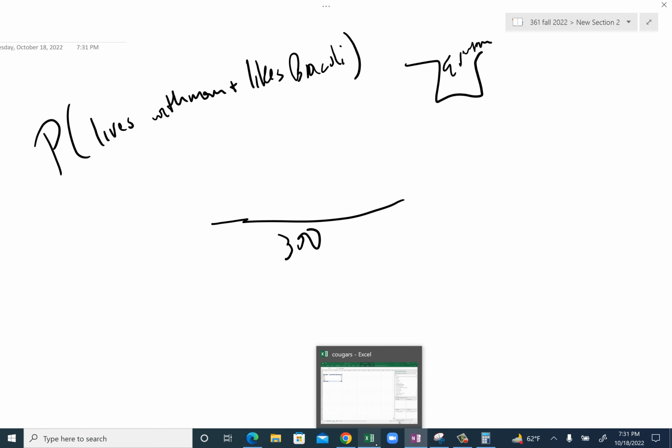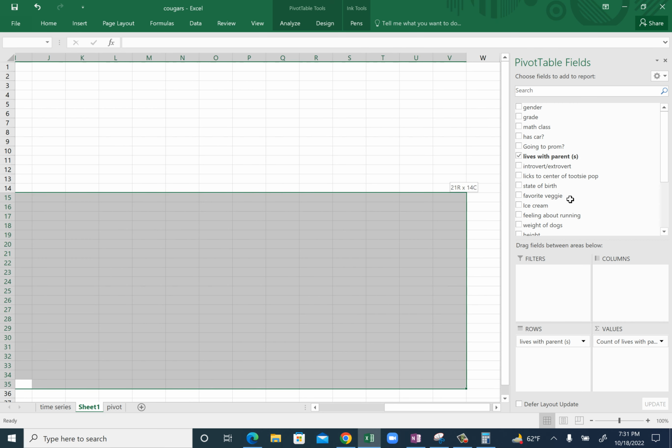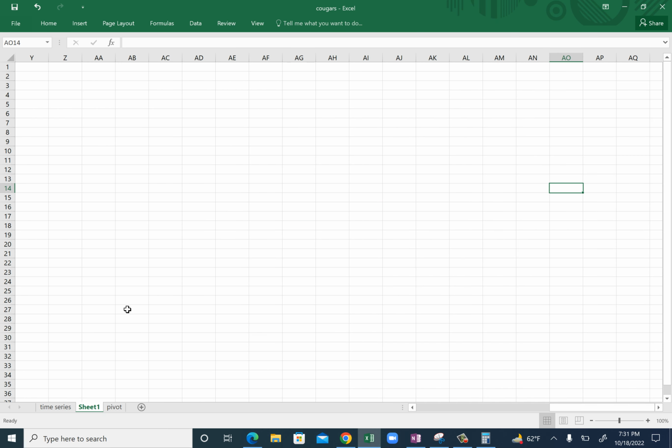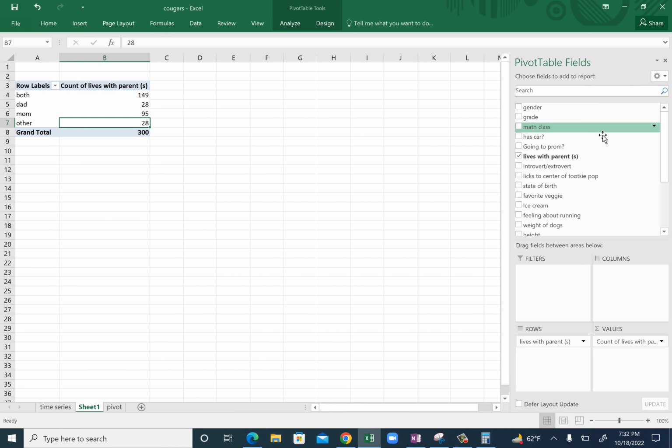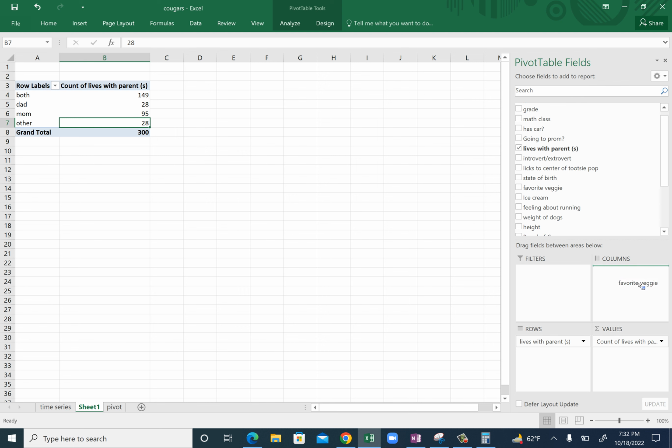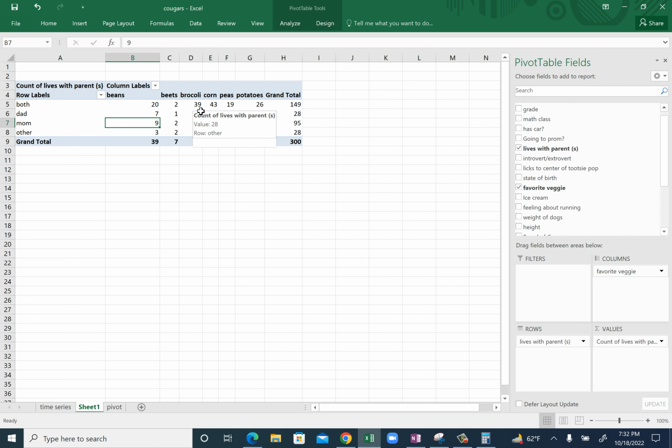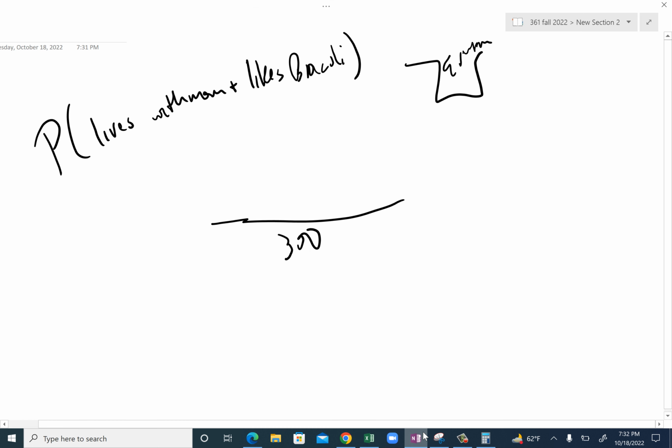So on this one, I feel like I should just drag down favorite vegetable. Favorite vegetable. Nice. Broccoli, mama, bam. There are 27 of them out of 300. Cool. Awesome. Okay, I guess.